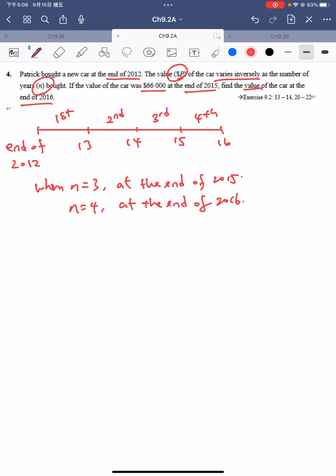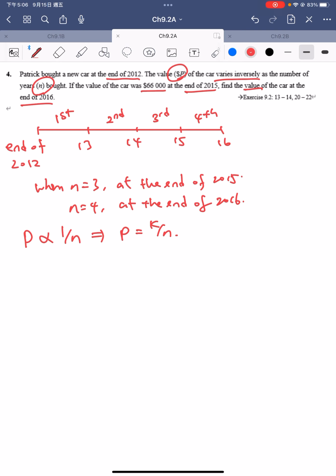So P varies inversely as the number of years, which means P varies as 1 over n, so we can write P is equal to K over n. The condition we have is that at the end of 2015 the value of the car P is 66,000.